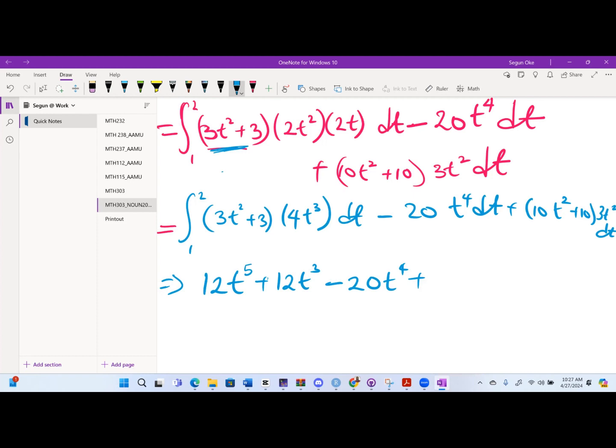If you multiply this and this, what do you have? 30t raised to power 4 plus 30t raised to power 2.